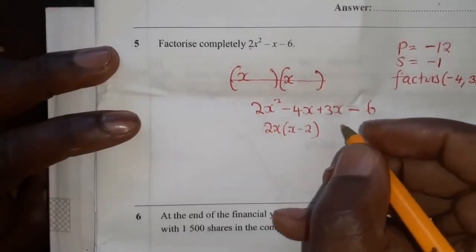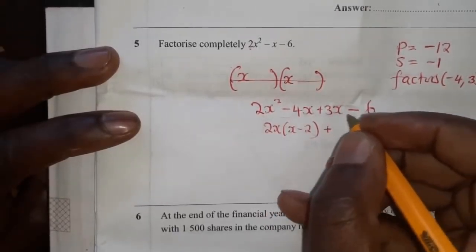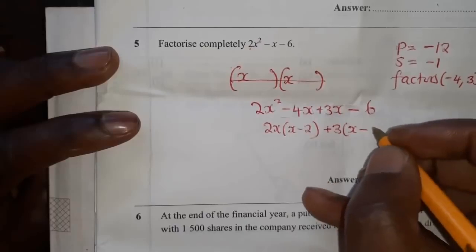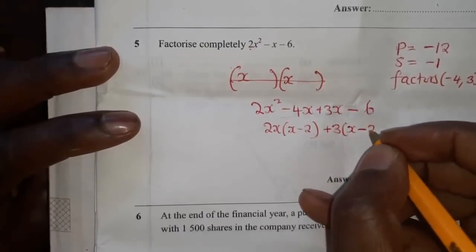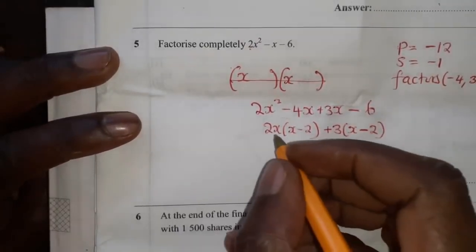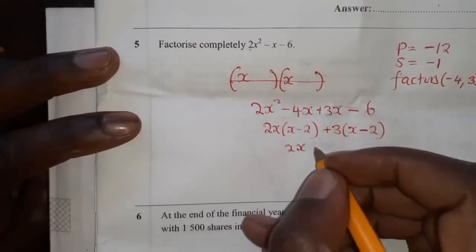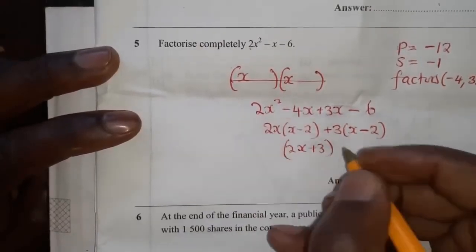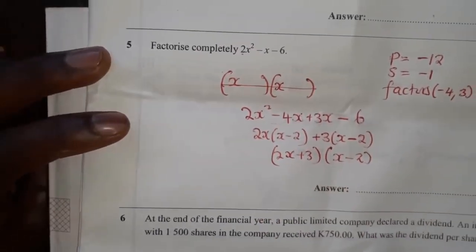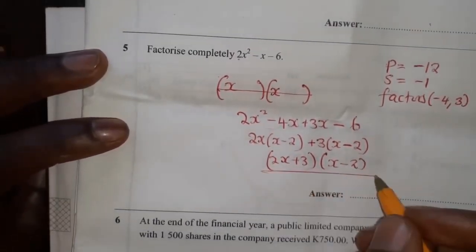Then what is common here? The common factor here is 3. So we have 3x minus 2. Okay, and from here, now we need to get 2x plus 3, x minus 2. So this is what is supposed to be our answer.